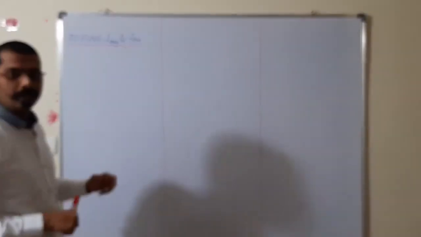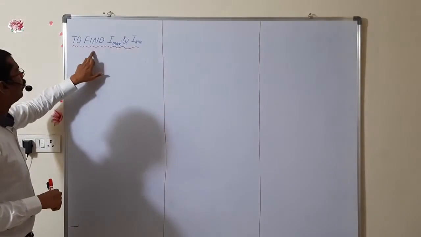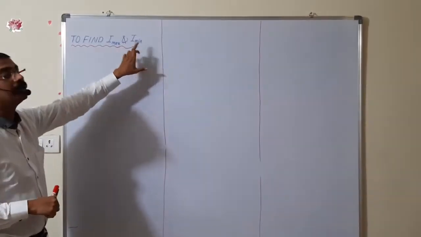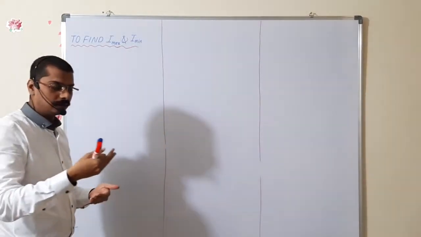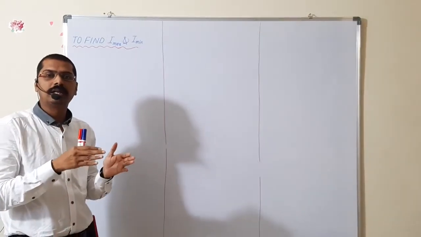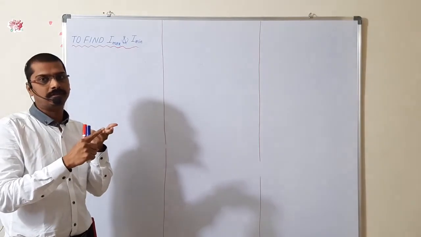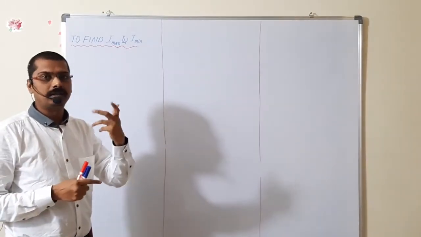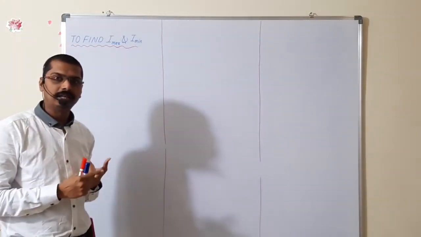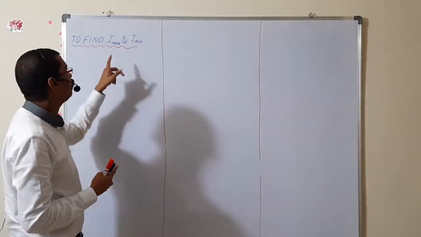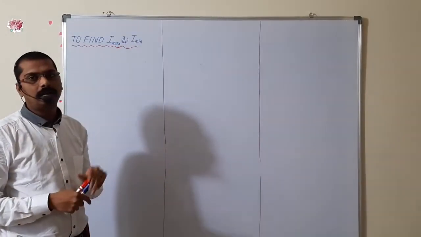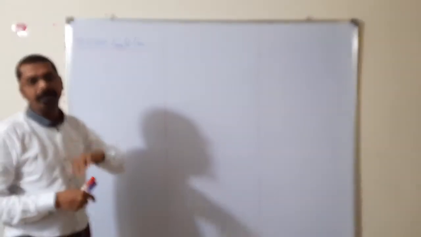Now next we are going to discuss finding the maximum intensity and minimum intensity. Until earlier, we discussed I net by using the individual intensities, path difference and phase difference. Now, without the path difference and phase difference, we have to find I max and I min.